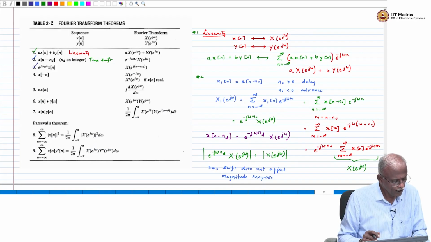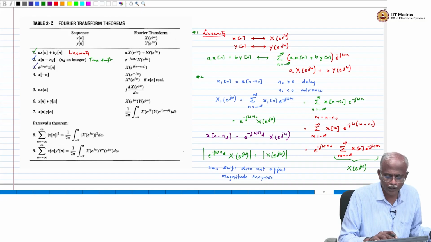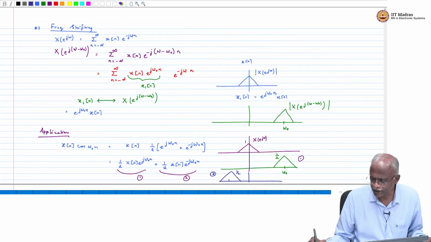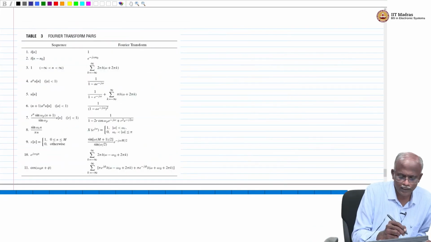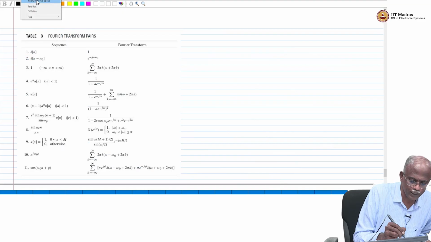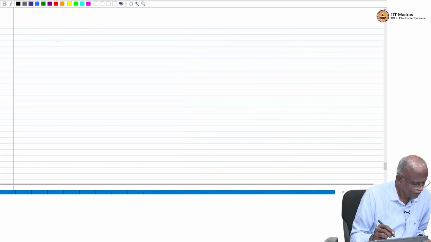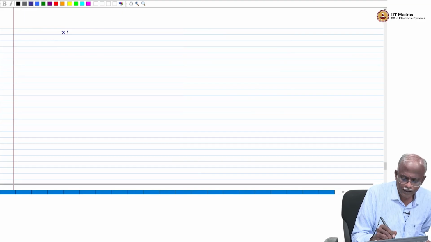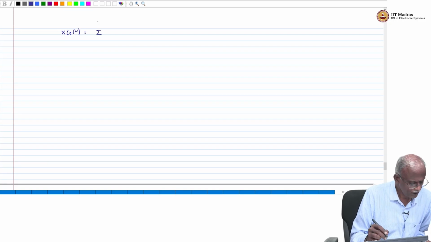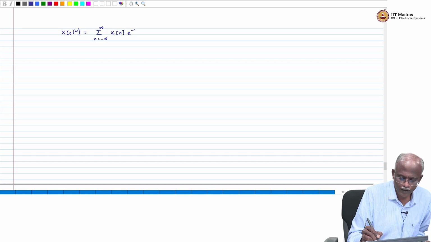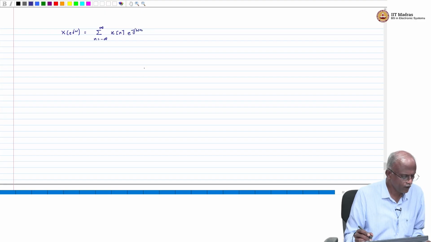Now this time reversal is actually a very simple result. Let me just do that for you. It's a simple substitution, so again, fairly straightforward. X of e power j omega is equal to summation n equal to minus infinity to infinity x of n e power minus j omega n.